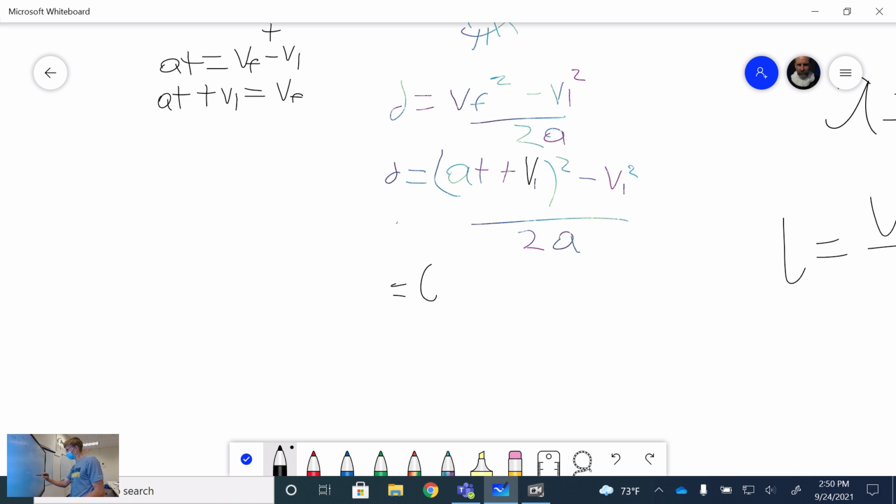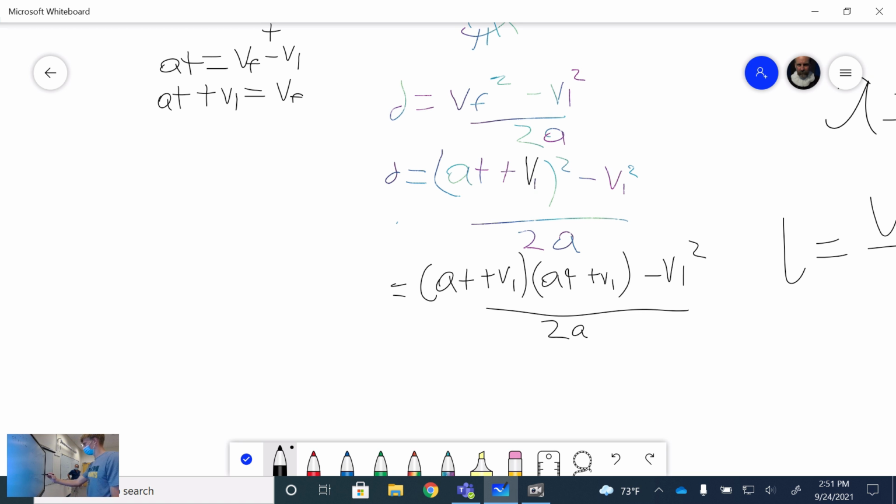Over 2a. Okay, so now we have to multiply out those two binomials.